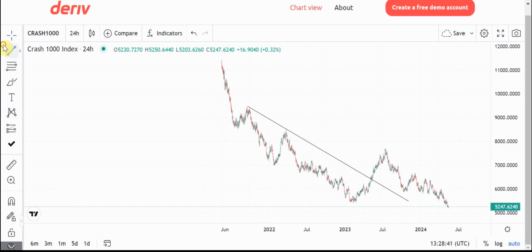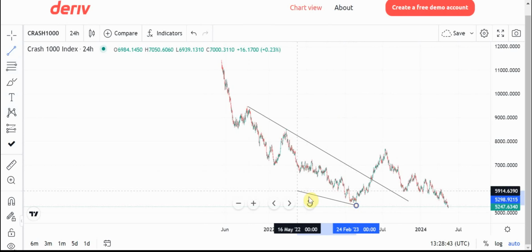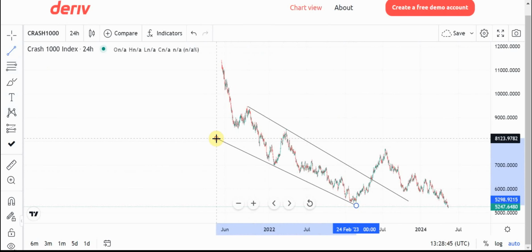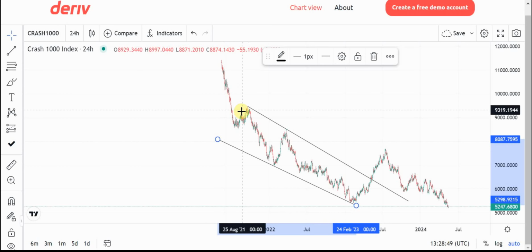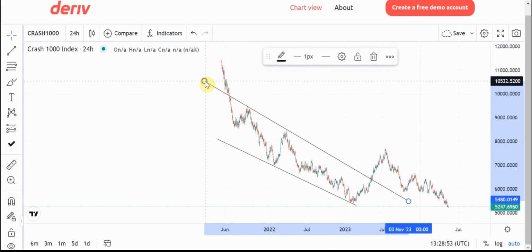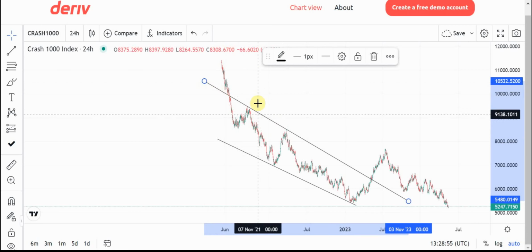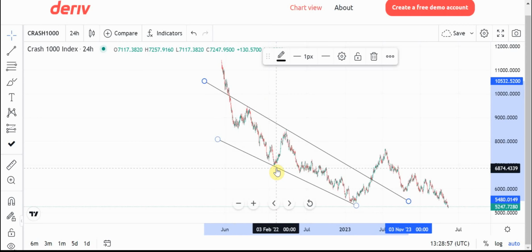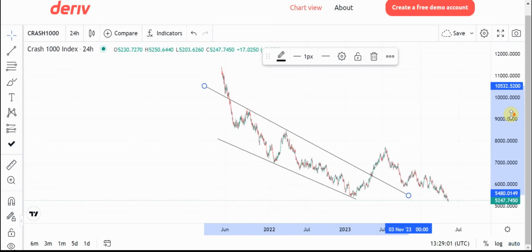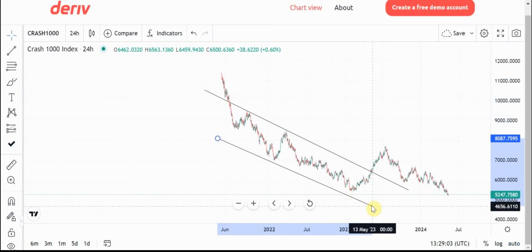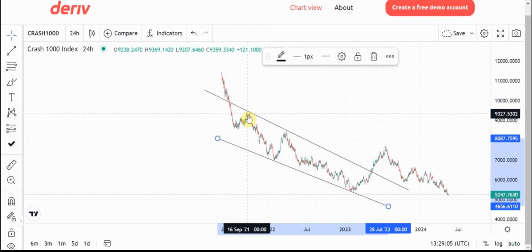What pattern formed? Let's see, I'll just draw my counter trend line. Oh, okay, the pattern that formed here, obviously, is a falling wedge. Is it a falling wedge? Okay, yeah, this is a bearish wedge. Is it bearish now?